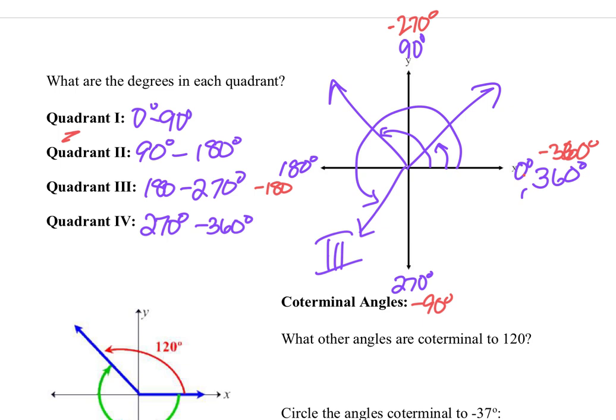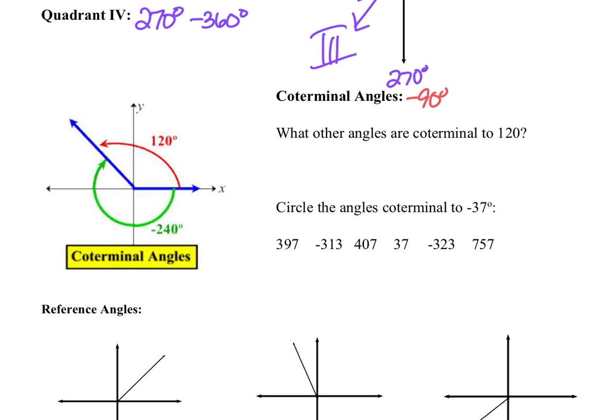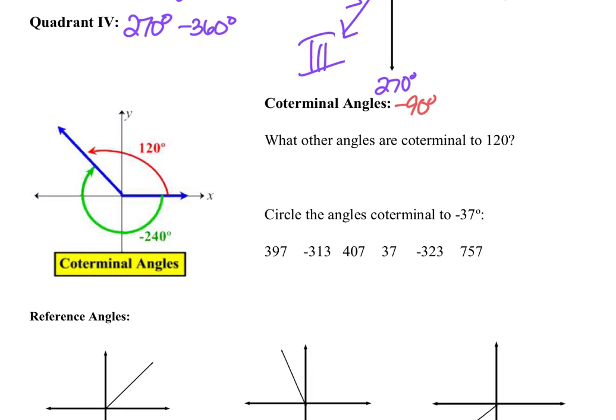Okay, then, so we talked about those are standard angles, meaning their initial side is on the positive x-axis, and the terminating side, and the little swoosh tells you the measurement. Now coterminal angles are angles that end in the same spot. Okay, so let's just write that.